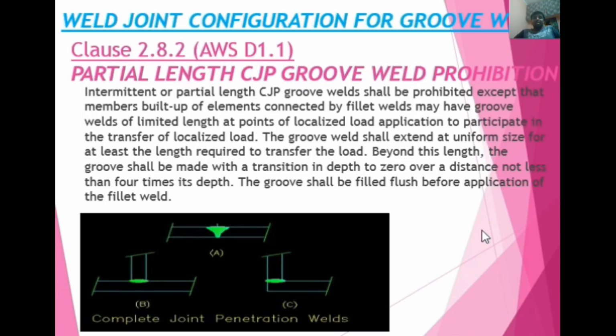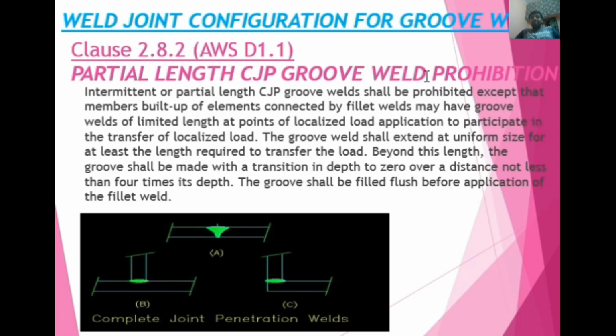You see here, intermittent or partial length CJP groove weld shall be prohibited, except that members built up of elements connected by a fillet weld may have groove weld of limited length at points of localized load application, to participate in the transfer of localized load. What does this mean?